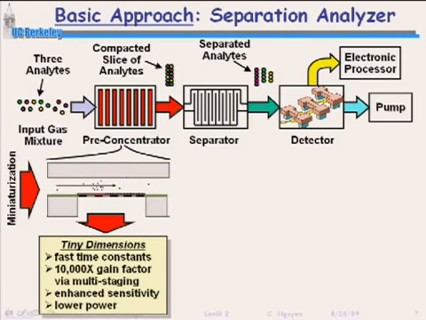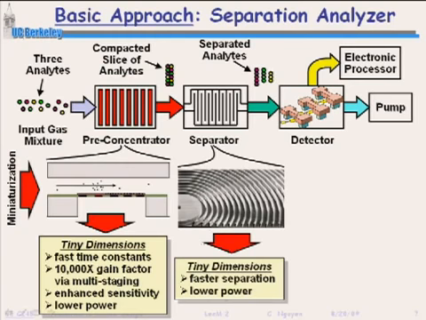Okay, and so then you had your separator. And it turns out that with your separator, the smaller you make the separator, the smaller you make the columns, the distance between the walls of the column, the better the separation becomes. And it becomes better because, think of the plug. As the plug is moving along, what happens as something moves along? It never stays exactly the way it looks, right?